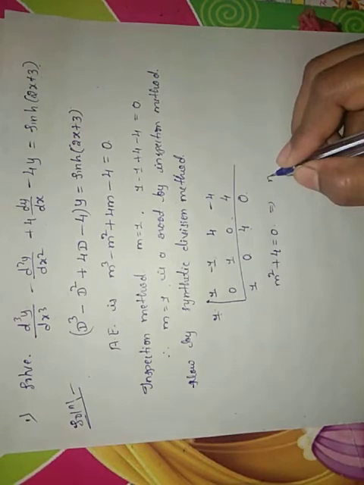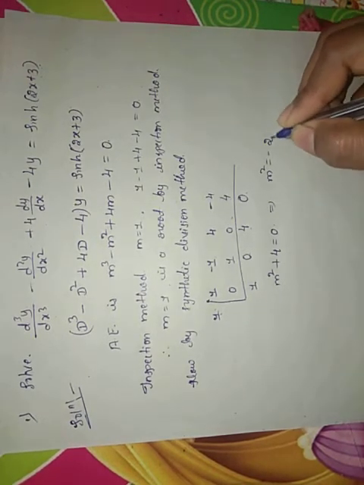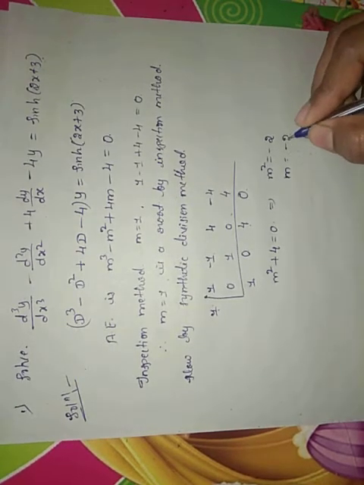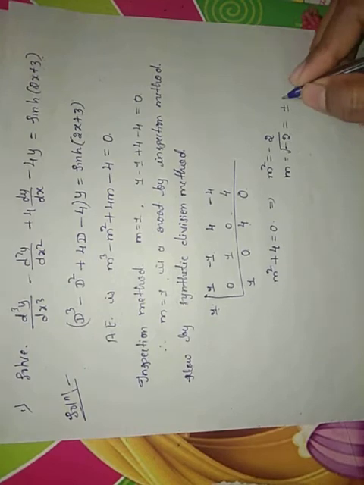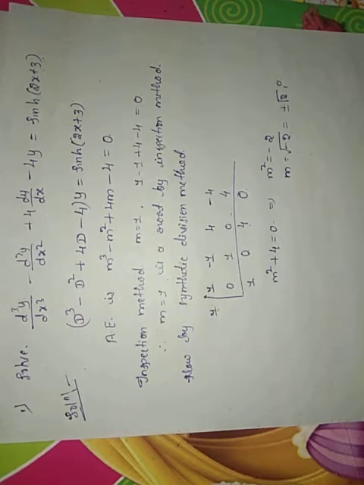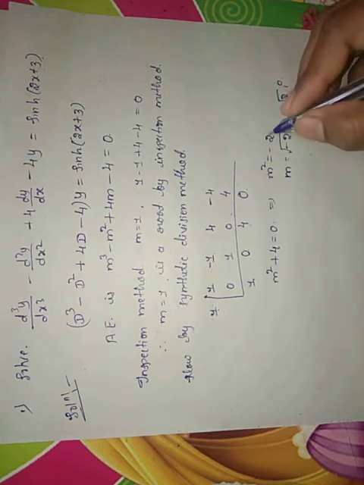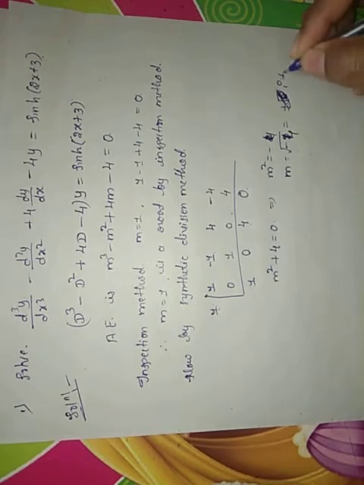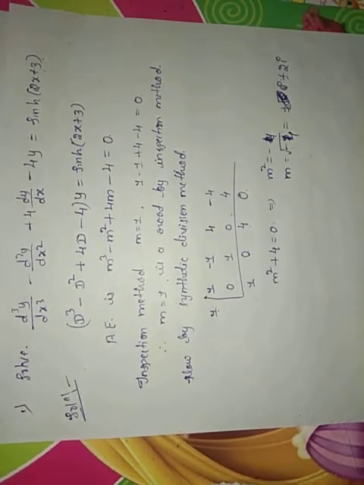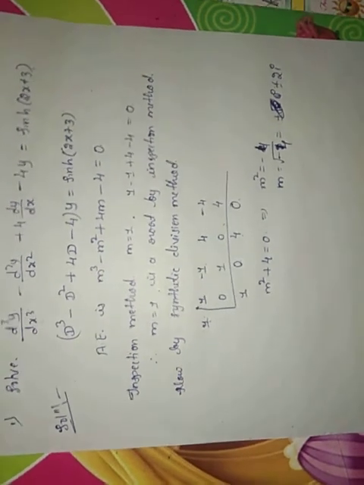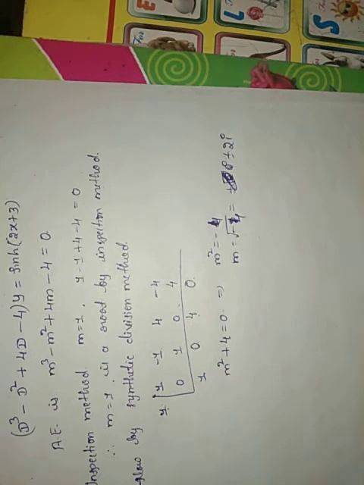That implies m square equal to minus 4. Clear? m square equal to minus 4, m equal to square root of minus 4, which is nothing but plus or minus 2i.